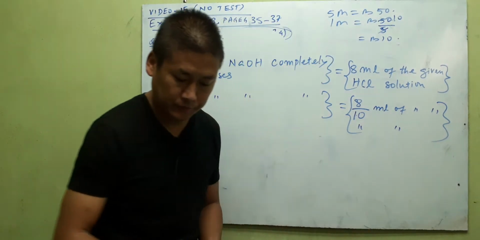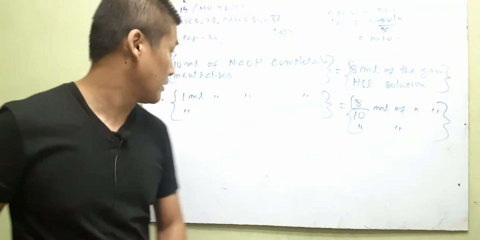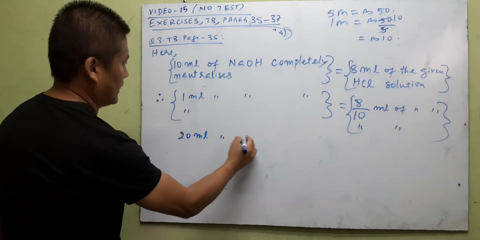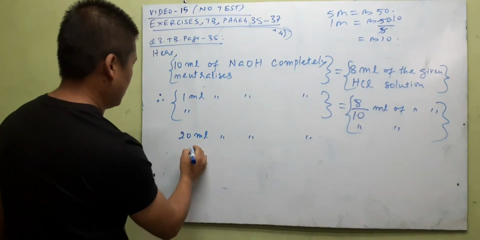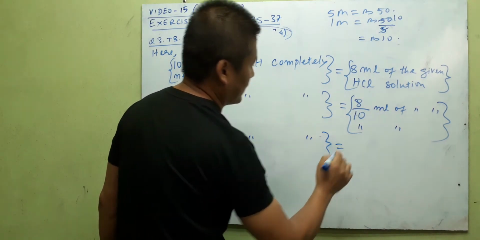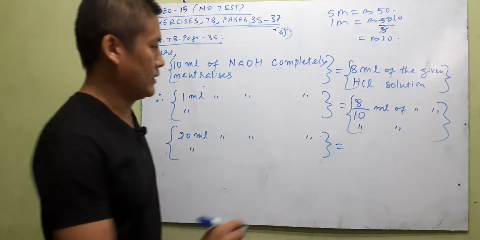Go back to your textbook. So if we take 20 ml of the same solution of NaOH, so if it is for 20 ml of the NaOH, they're asking, if we take 20 ml of NaOH, how many ml of the HCl can it neutralize.